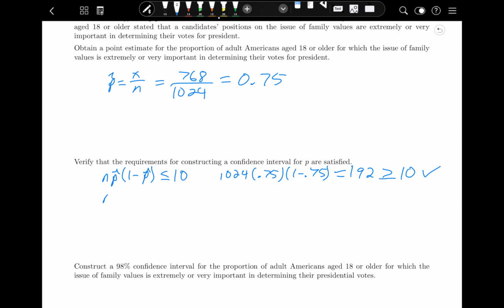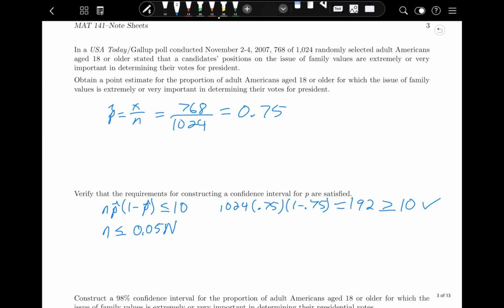And then the other one is that n has to be less than or equal to 0.05 times capital N. In this case, we don't know what the size of the population is, but it says all adult Americans aged 18 or older. So there's about 300 million Americans. Let's say half of them are adults, which would be still probably not enough, but let's say half of them.